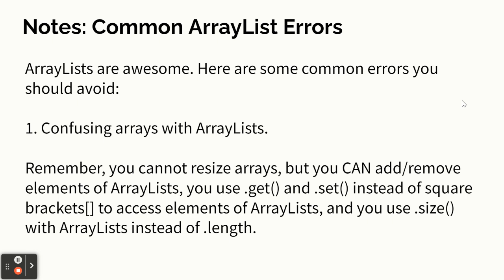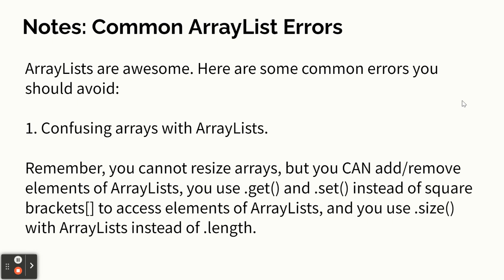You have to make them, and then they're that big forever, or until you delete them or replace them. You can make ArrayLists bigger and smaller whenever you want. In our usage, they always start out empty, and then you add things to them, and you can remove things. You use .get and .set to access elements, and you use .size with parentheses.